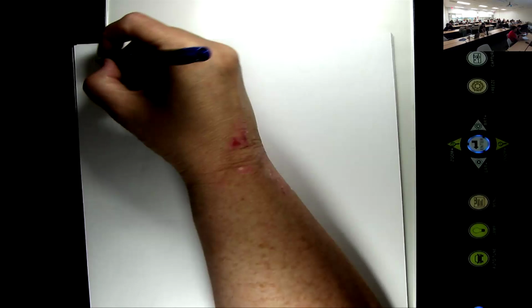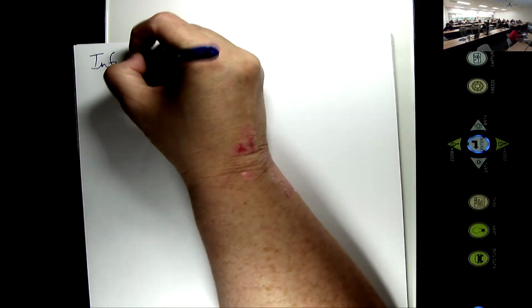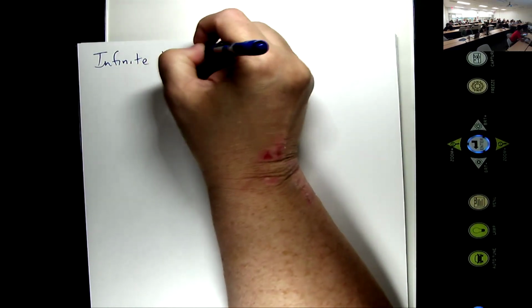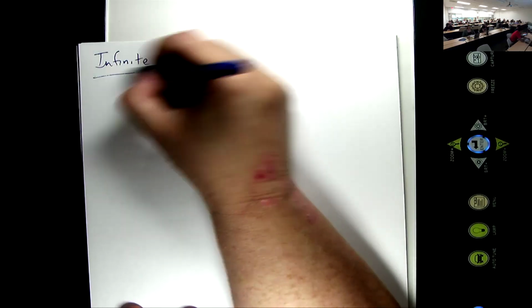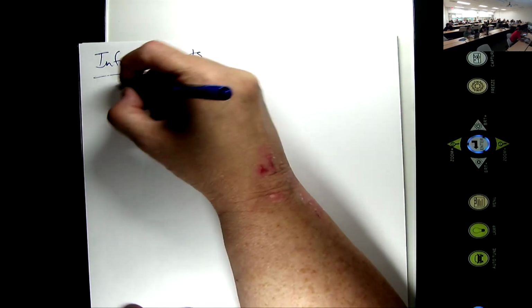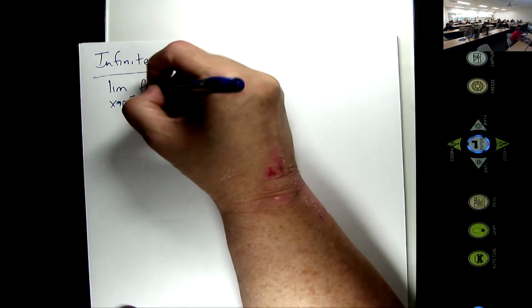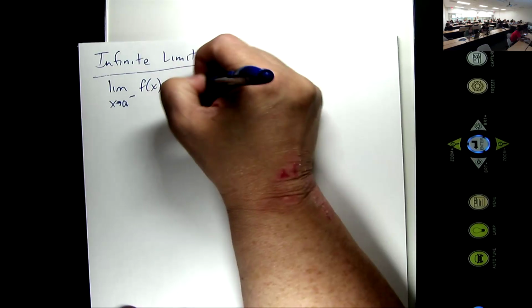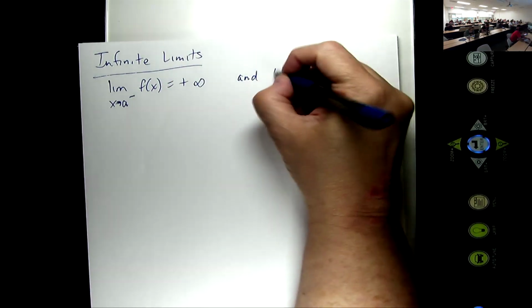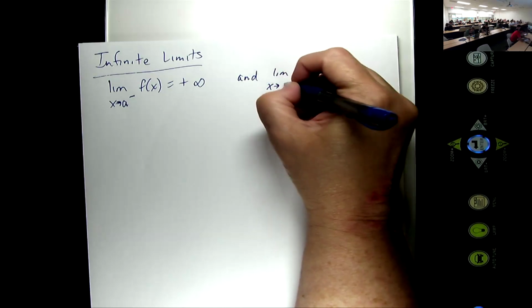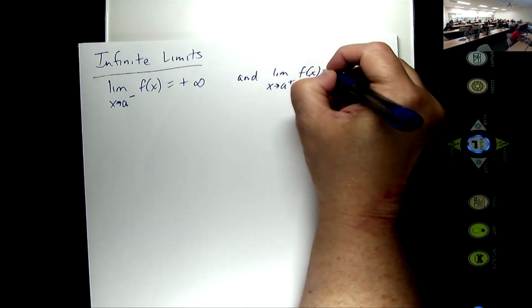Alright. So infinite limits. Things like the limit as x approaches a from the left of f of x equals positive infinity, and the limit as x approaches a from the right equals positive infinity.